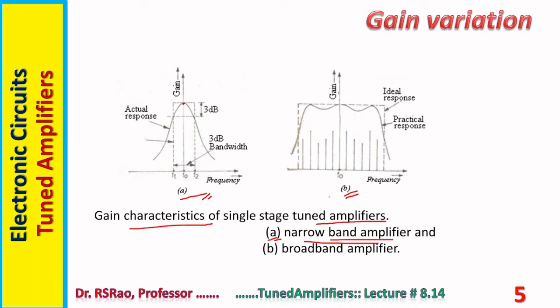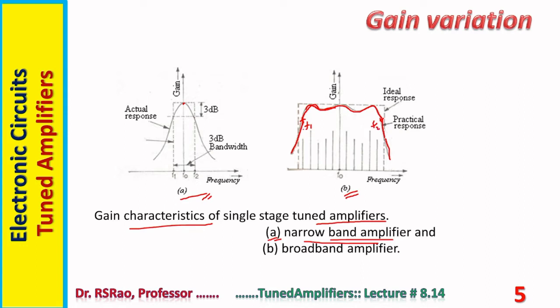Come to B. Here is another characteristic. You can see gain is high. Of course, some variation is there, but it is occupying a high value over a wider frequency range. You can consider this as F1, you can consider this as F2.